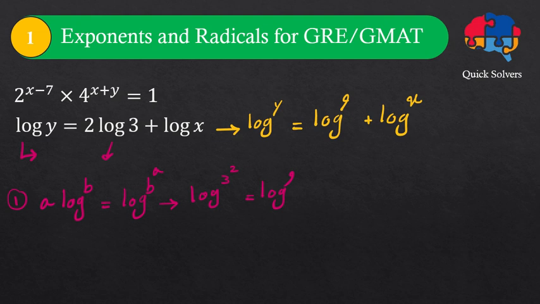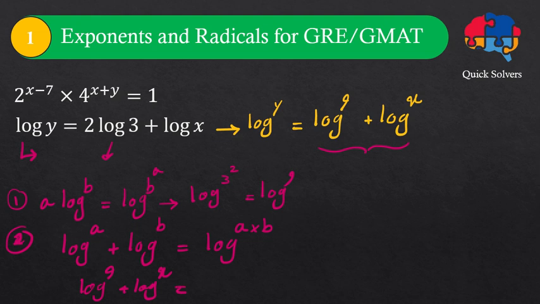And the second rule says that if we have log of a plus log of b, as long as the bases are the same, we can write this as log of a times b. That means I can write log of 9 plus log of x as log of 9 times x.